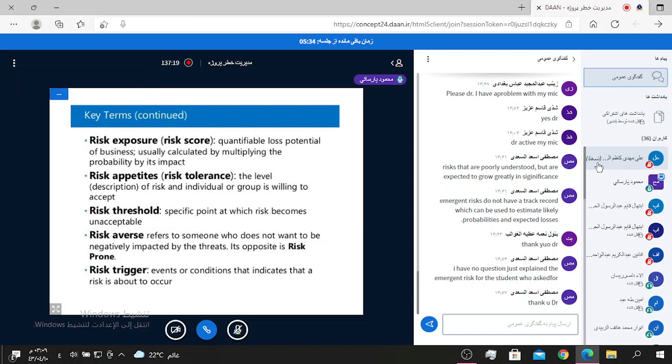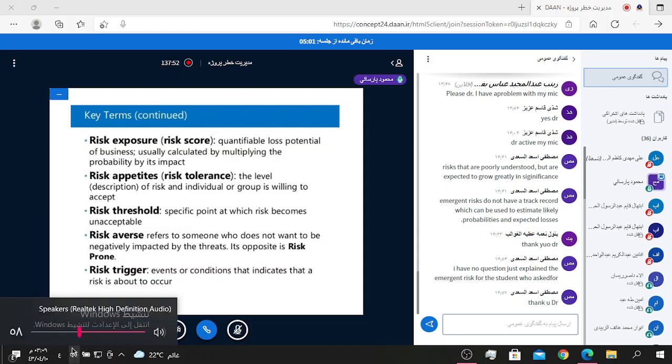Some managers don't want to accept negative risk, or only accept some levels of negative risks, and that is the opposite of risk prone. I repeat, risk averse refers to someone or some group or some managers who do not want to be negatively impacted or affected by threats, and its opposite is risk prone.